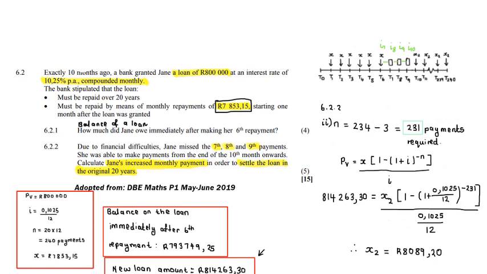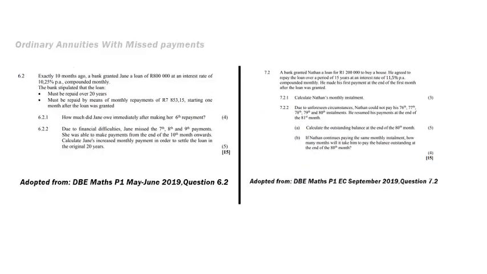So in that case, if you still want to pay off this loan in the same amount of time, you have to pay a larger monthly installment, an increased monthly installment. So in Jane's case, we were asked to calculate what that increased monthly installment is. That was basically the comparison between these two questions.